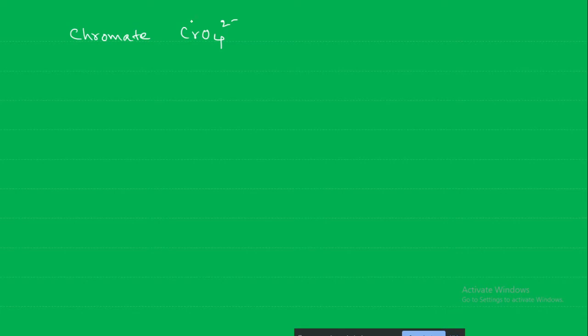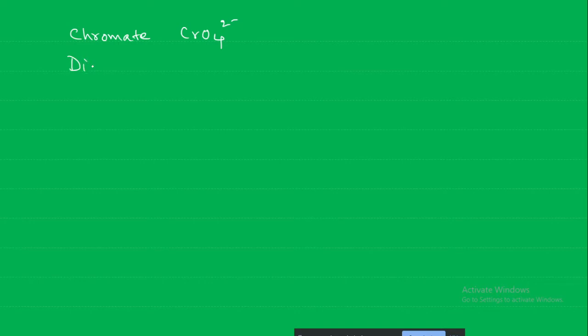Chromium is what, metal or non-metal? Metal. Oxygen, the gas, is a non-metal. So non-metal and metal are combining. Chromium is a metal forming the oxide with oxygen. So the chromate ion is CrO4 2 minus.